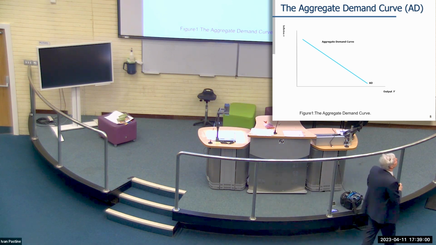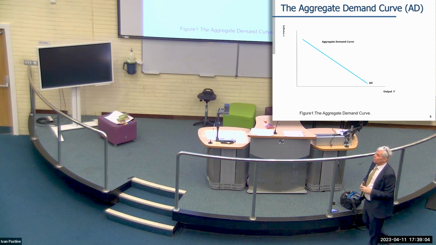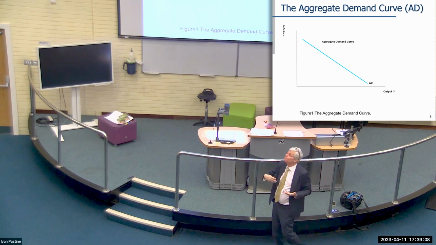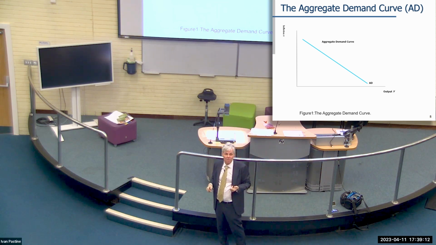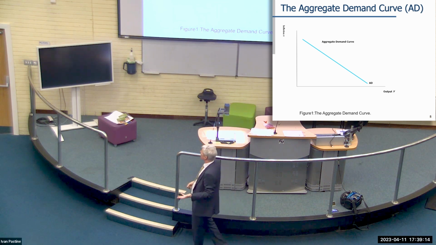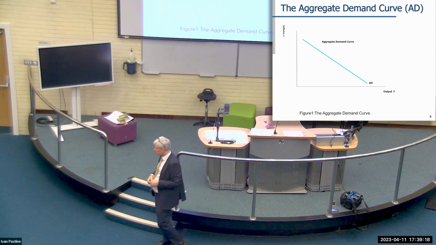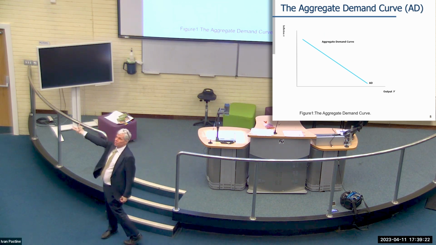Now, of course, whenever we draw a curve, lots and lots of things affect how much we want to buy. We can only pick one of them. Here we are picking inflation. But how rich we are is going to affect how much we want to buy. I kind of captured prices here, but do people like Irish goods and services?